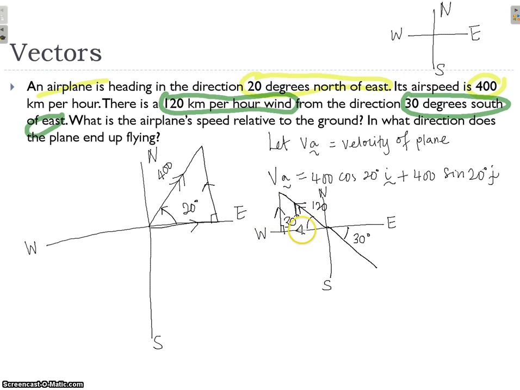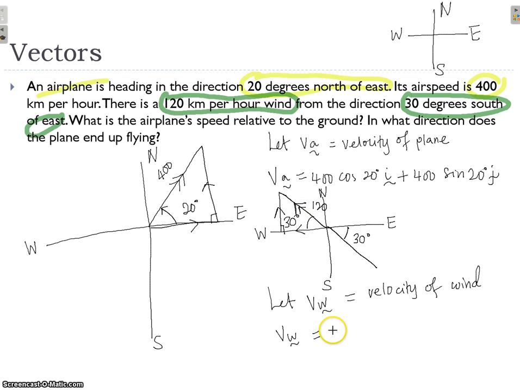So how are we going to write this velocity of the wind? We let VW equal the velocity of the wind. We have to write everything in the ij components first. If you look at the velocity of the wind, it's going to the left and going up. Going to the left indicates it's negative.